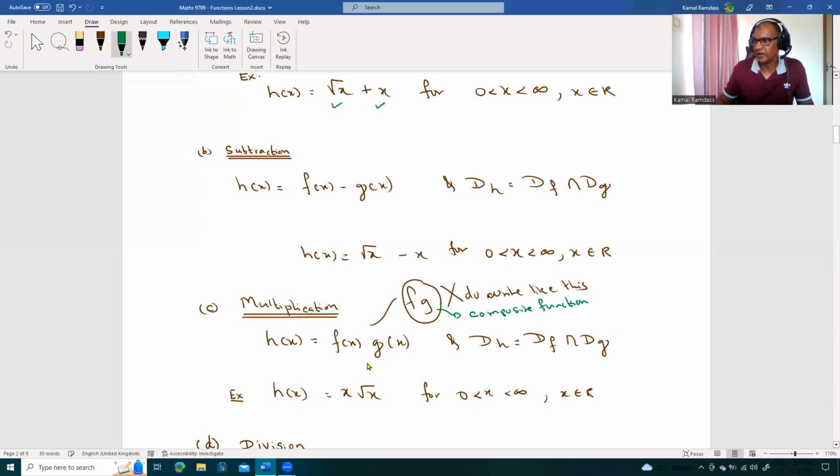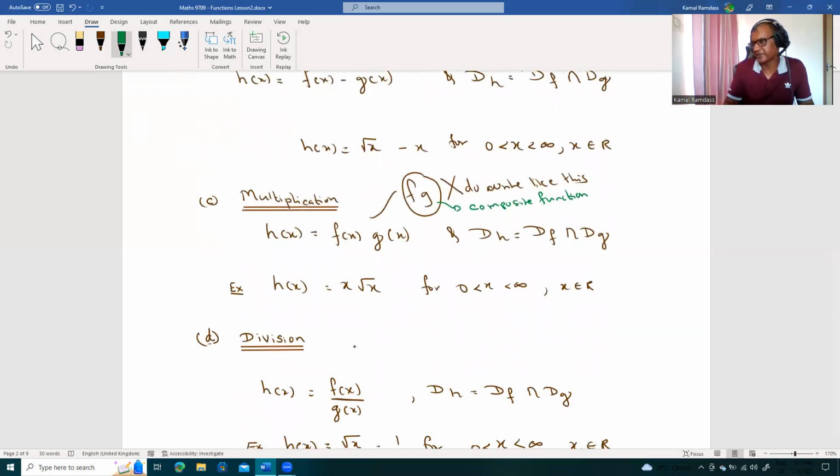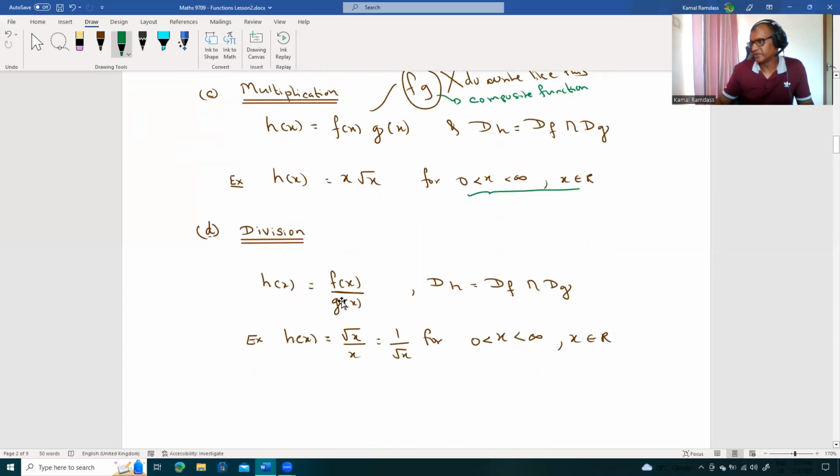Et h of x est égal à x root de x, et the domain is the intersection of the two domains. Division, nous prenons l'un, nous divisons par l'autre, ça veut dire root de x divisé par x, on gagne 1 over root de x, et the domain, c'est intersection of two domains.